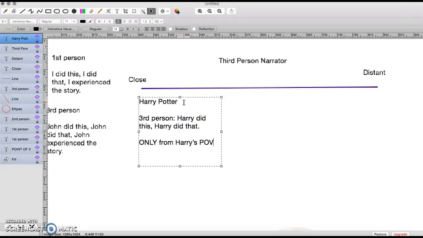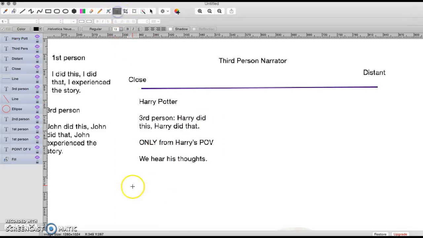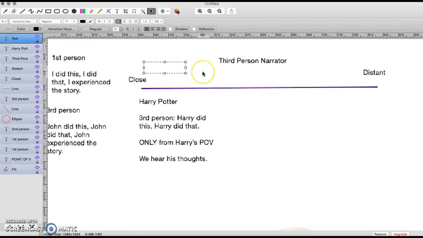POV is an abbreviation we use quite a lot in writing, and that stands for point of view. So it's only from Harry's point of view, and also we hear his thoughts. So it's essentially like we're a little TV camera fixed on his shoulder. Okay, so TV cam on main character, MC is main character, on MC's shoulder.